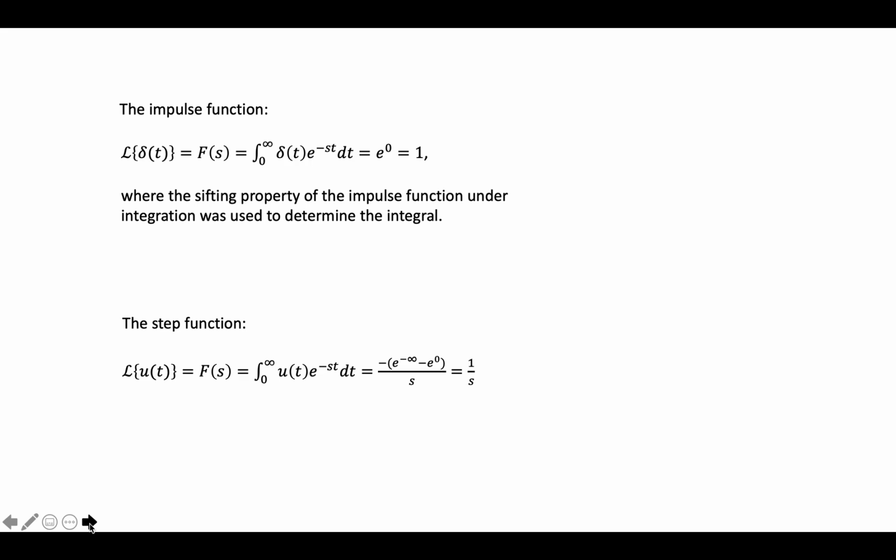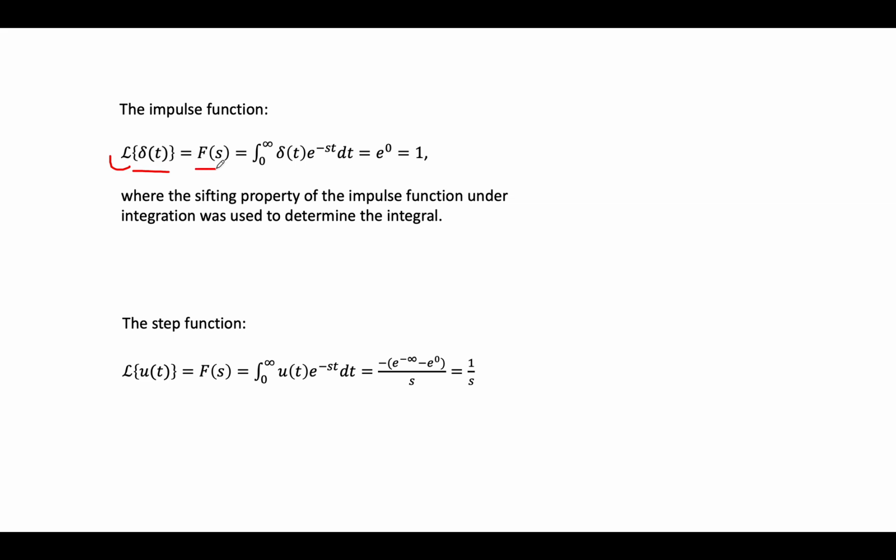Let's look initially at how we might take the transform of some simple functions, and we'll start with the impulse function, because this is also a way to review impulse functions. To find the Laplace transform of the impulse function, first of all, this script L with the curly brackets is our way of indicating we're taking a Laplace transform.